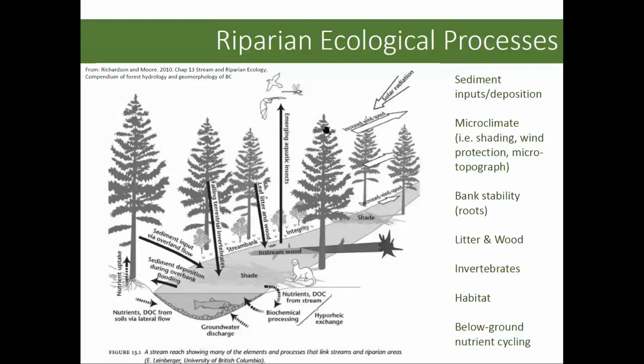Invertebrates and litter drop coming from the canopy also provide unique habitat for certain species. Lastly, there's the dynamic of nutrients coming from below the ground. Although we haven't talked about that very much in this class, just recognize that there's a biochemical nutrient dynamic happening in a riparian ecosystem.